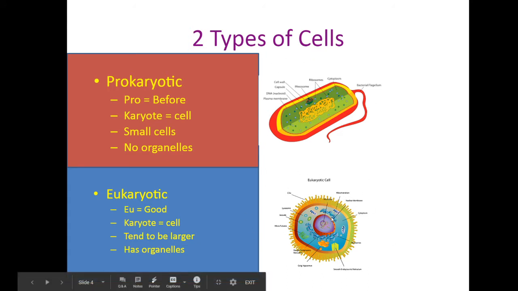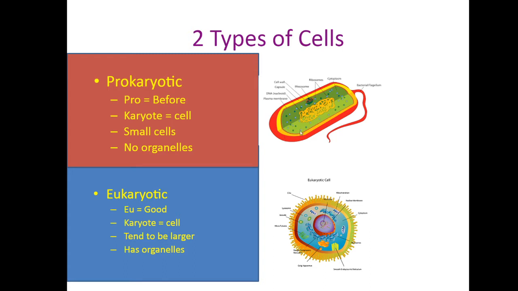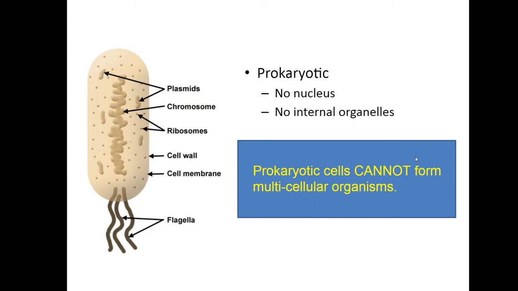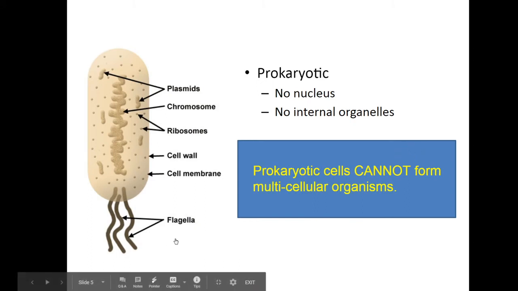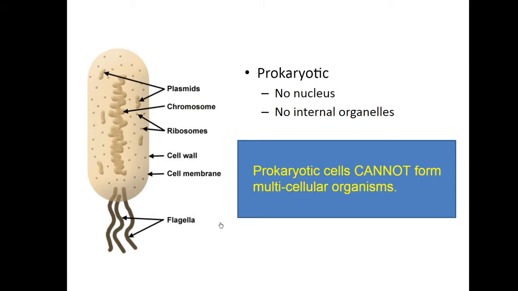And the big thing to remember is that prokaryotic cells really don't have any organelles. They don't have a nucleus. They don't have most of the other things like a mitochondria that we would assume a living thing should have. They do have ribosomes, but they're very, very simple, very small cells. Because of that simplicity, they don't have the structures necessary for multicellular life.